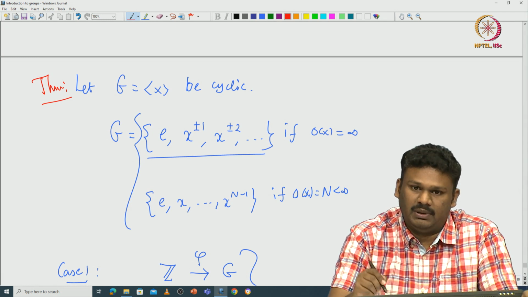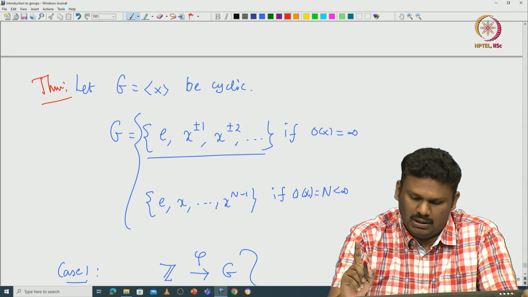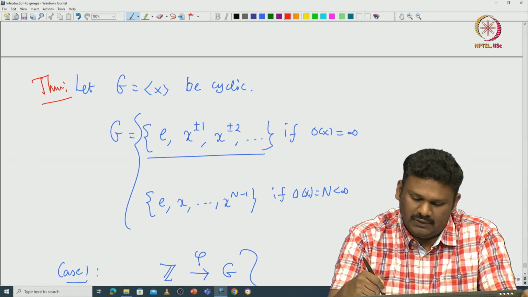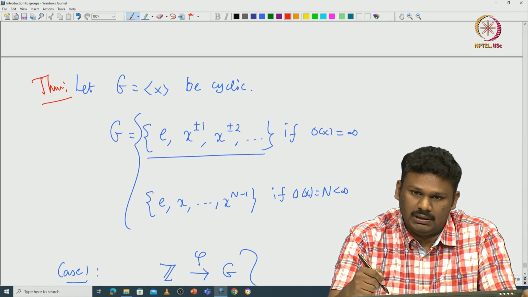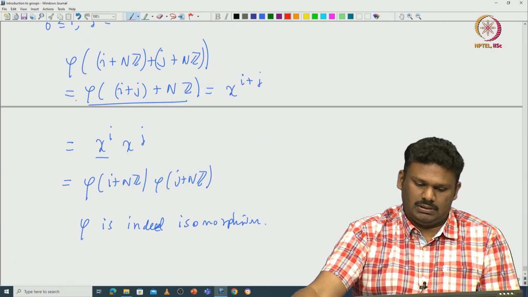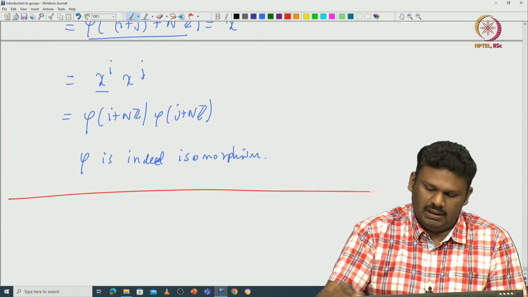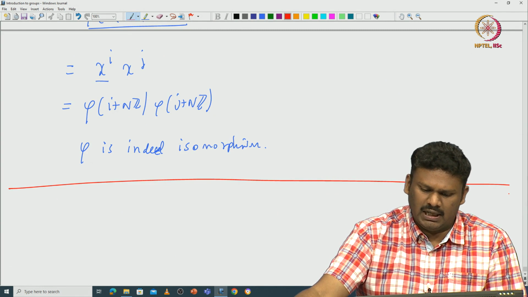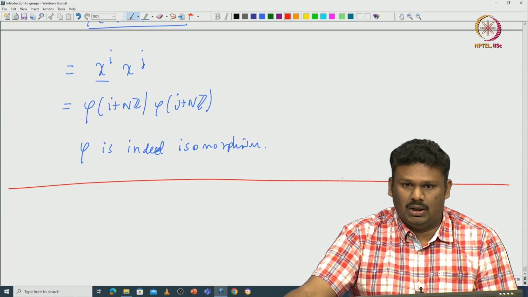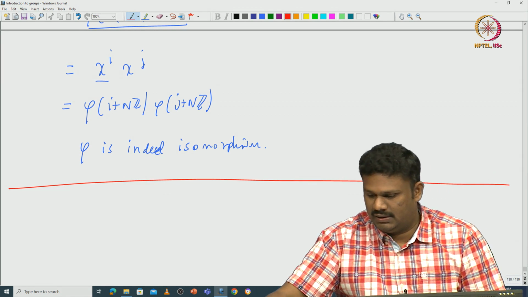One is Z plus, the single infinite cyclic group, and all other finite cyclic groups look like Z modulo NZ. Okay. So, this indeed helps us to understand the isomorphism classes of cyclic groups.